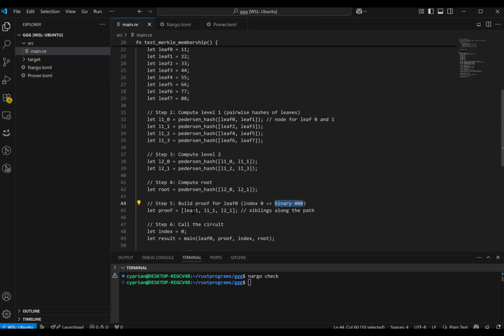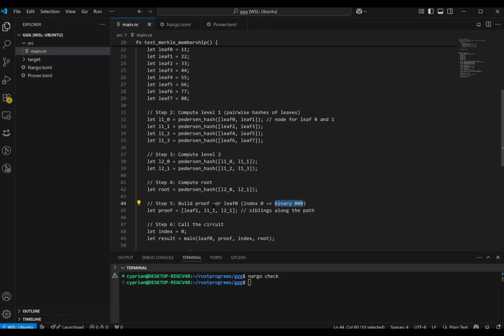Then let leaf F1, 11_1, and 12_1 be siblings. The route you are following up to the root is spelled R-O-U-T-E, the route, and the other one is R-O-O-T, the root.